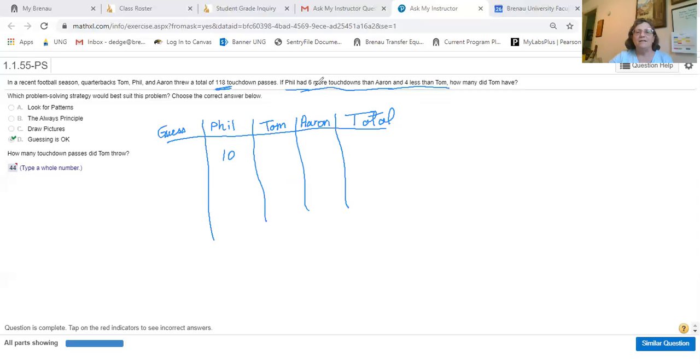If Phil had 6 more than Aaron, okay, well, if Phil threw 10, then Aaron would have thrown 4, right? So Phil's touchdowns are 6 more than Aaron's and 4 less than Tom. Okay, so if 10 is 4 less than Tom's, then Tom's would be 14, correct?